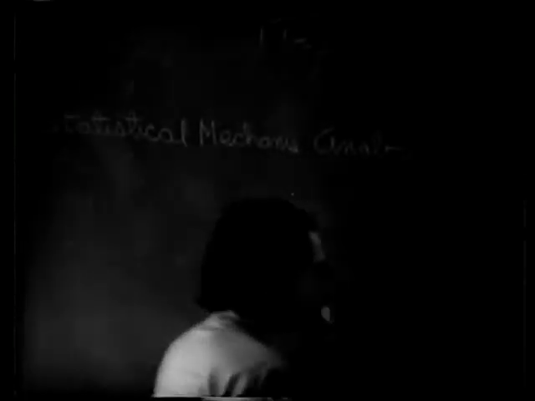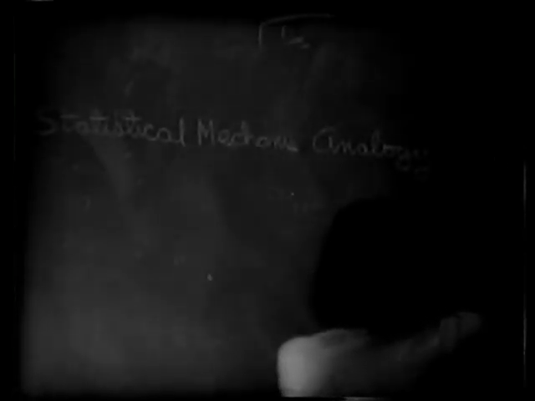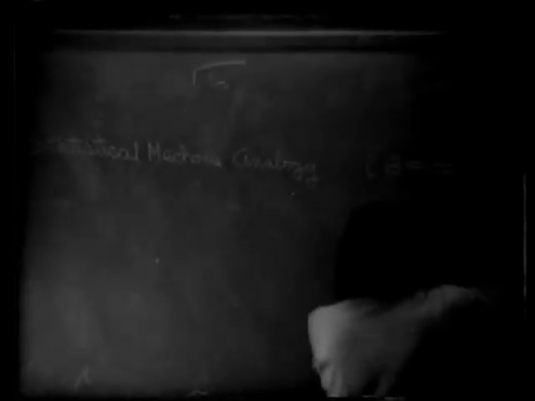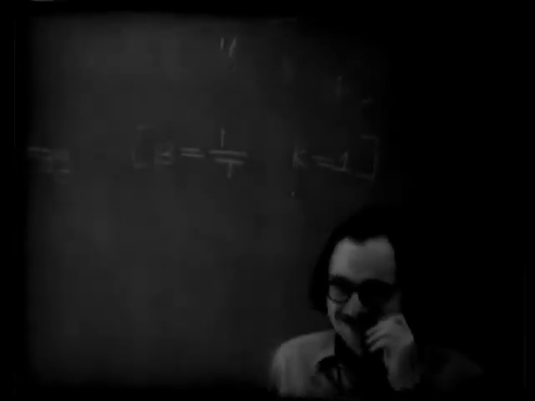In statistical mechanics, there's a parameter called beta, which is the inverse temperature in natural units in which the Boltzmann constant equals 1. You begin by defining a partition function that depends on the parameter beta.